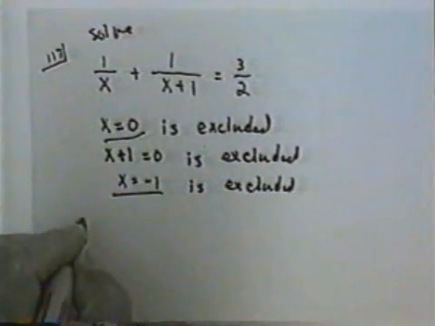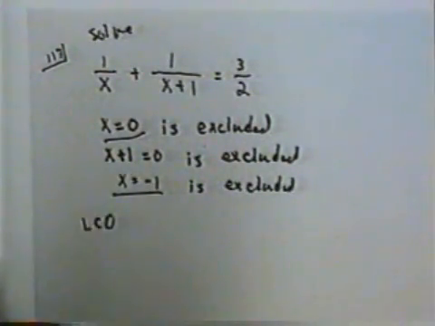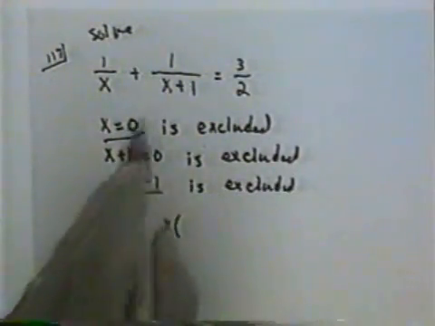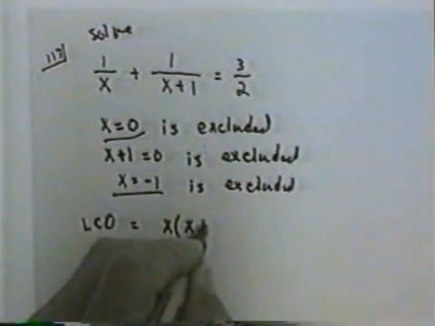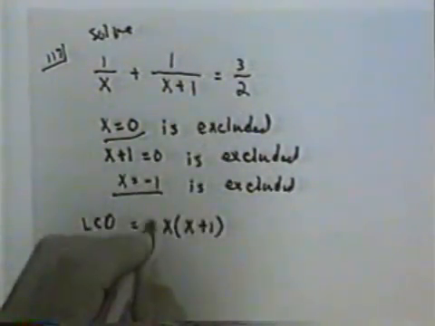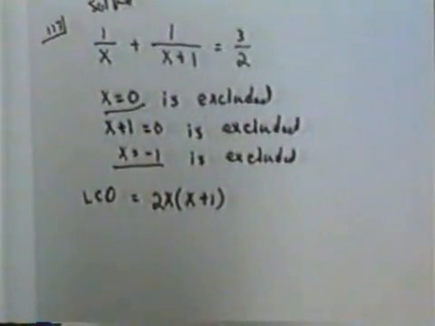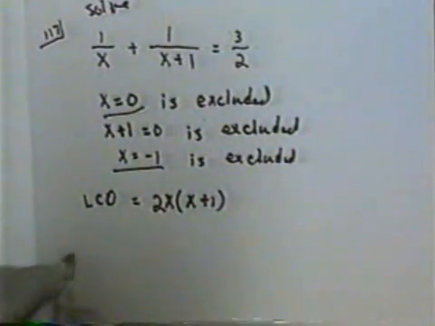Now I need to get my least common denominator. Well, I need an x, I need an x plus 1, and I need a 2. So the least common denominator is going to be 2x times x plus 1. I multiply both members by my least common denominator.